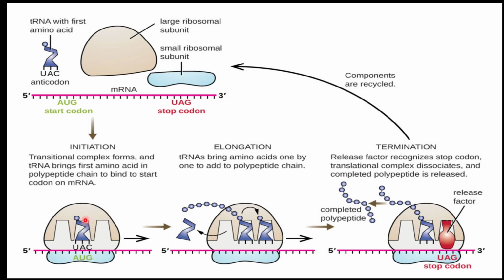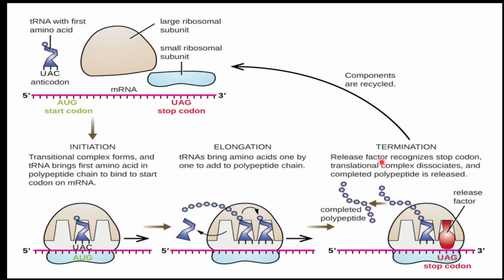Then different amino acids are brought by different transfer RNAs, and peptide bonds keep being formed. The transfer RNA which is no longer carrying an amino acid is going to be released, a new one is going to join, and then we have the termination.